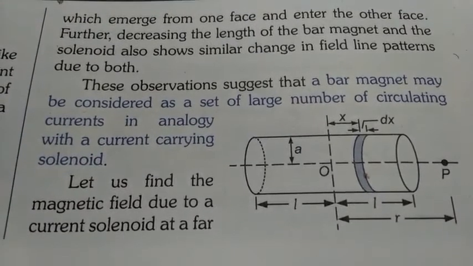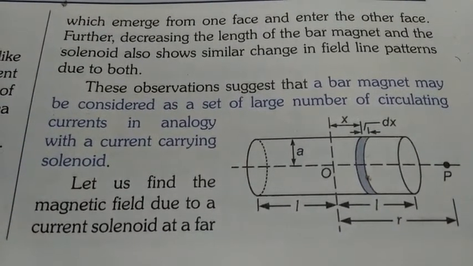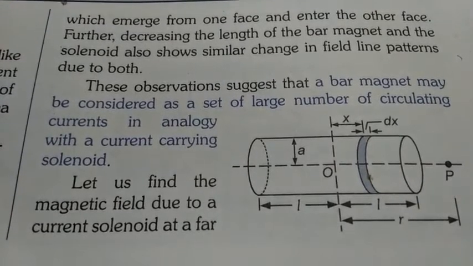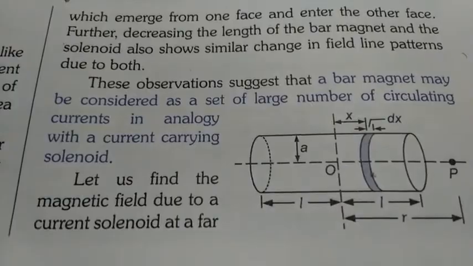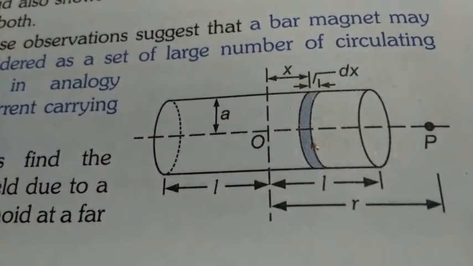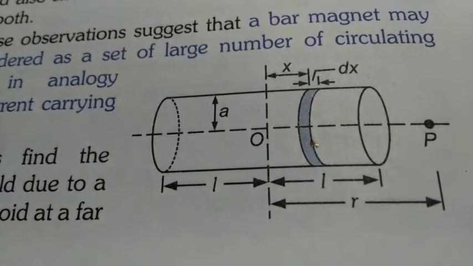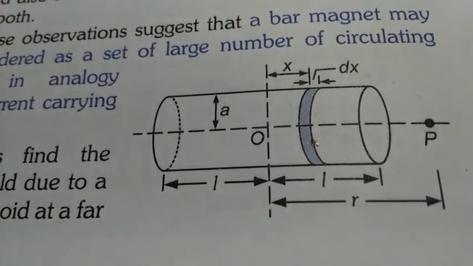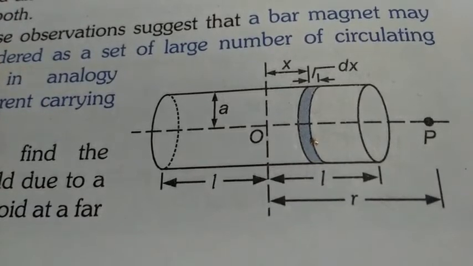From O, one end of the solenoid is at length L and the other end is also at length L, so the total length of the solenoid is 2L. The radius of the solenoid is a, and it has n closely wound turns per unit length.